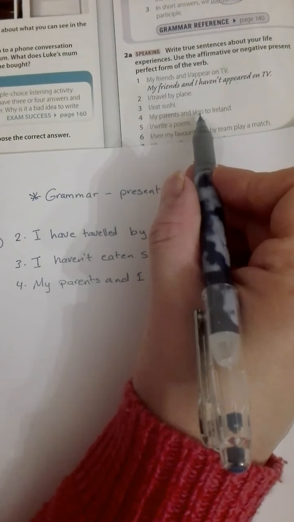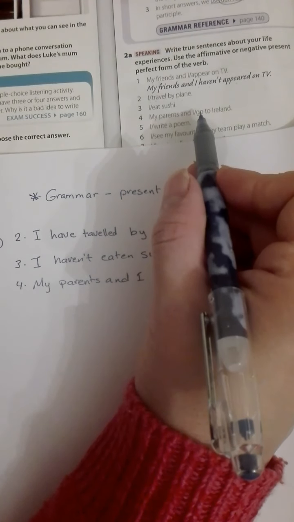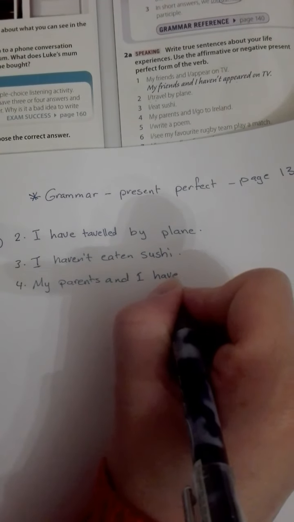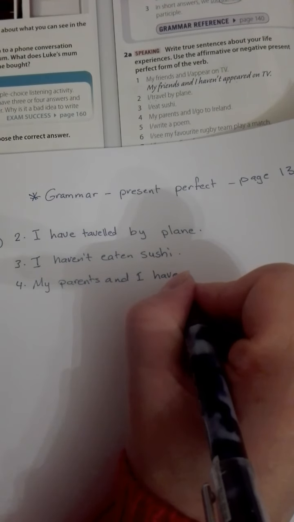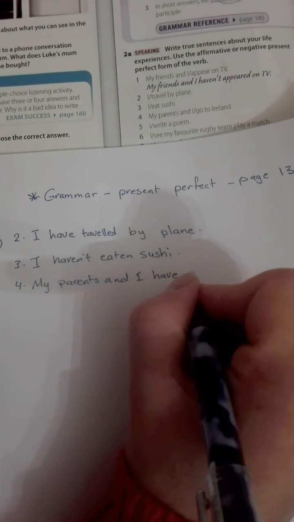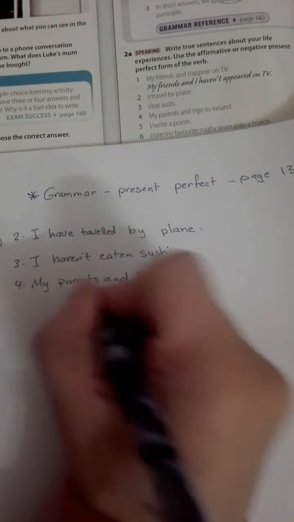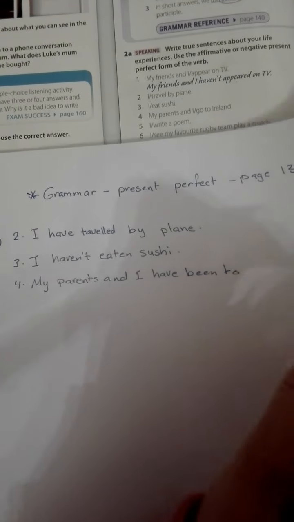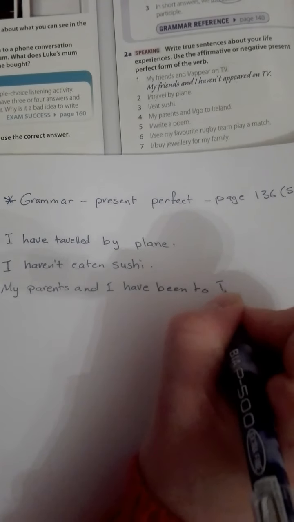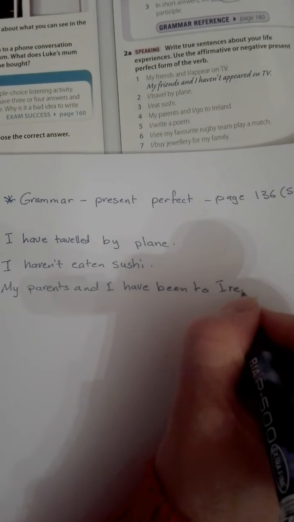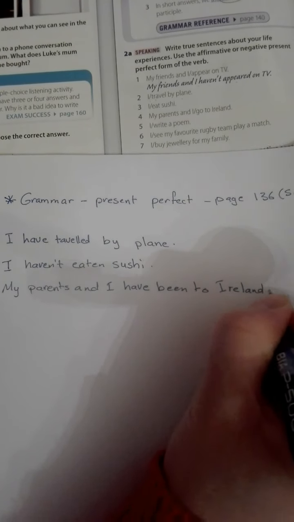I will write been because they assume that it is ended. So my parents and I have what? Haven't or have. You can choose anything you want. I will write it with been. My parents and I have been to Ireland because the journey is over or it was ended.